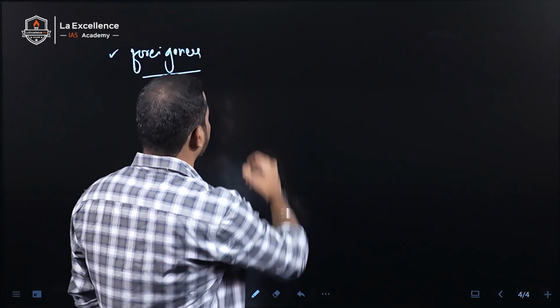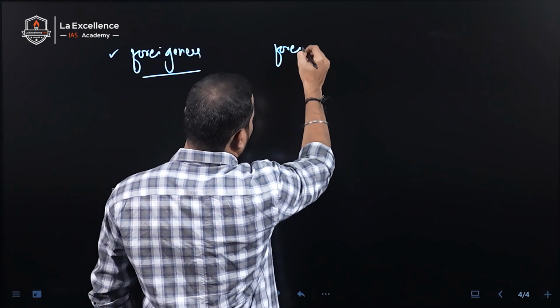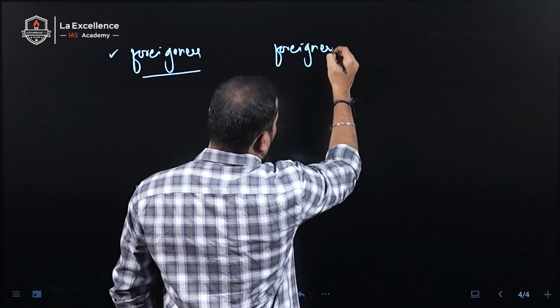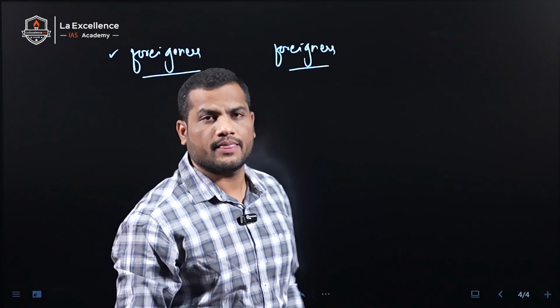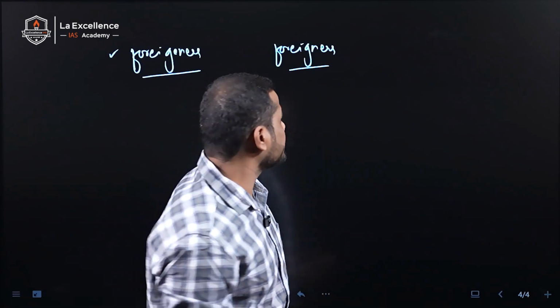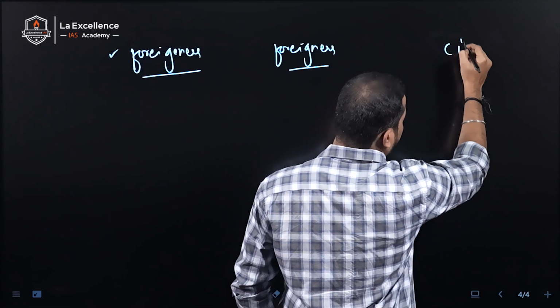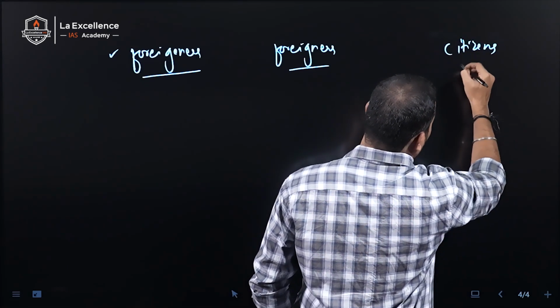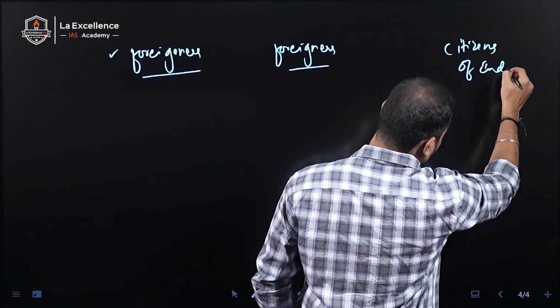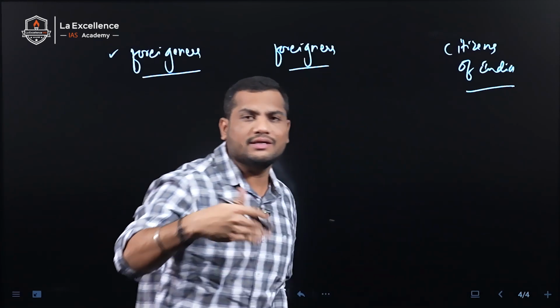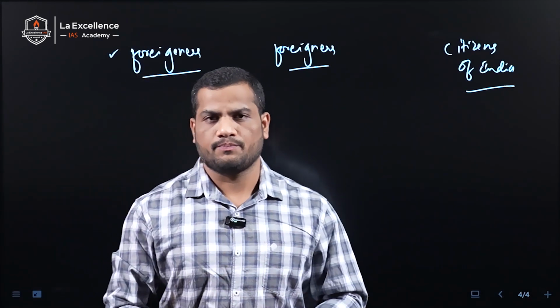And restricted area also restricts the entry of foreigners. Whereas the inner line permit majorly restricts the entry of citizens of India itself. This is the major difference between all the regulations.